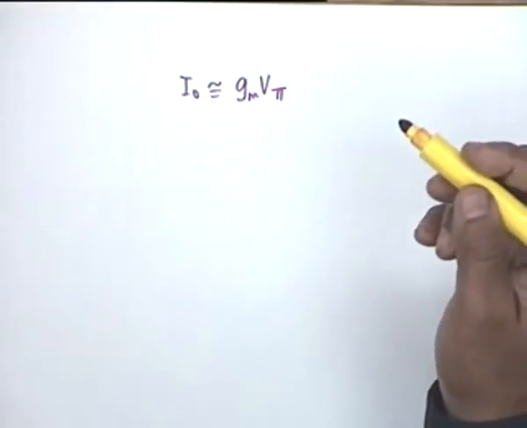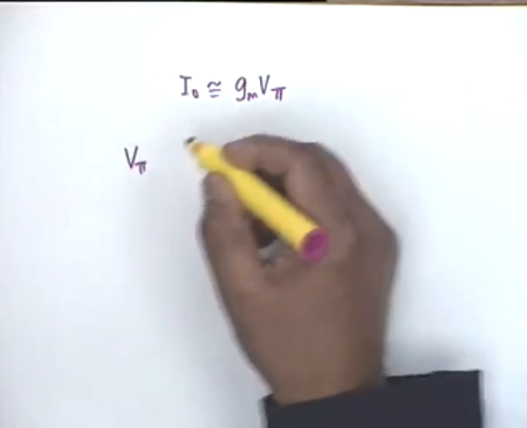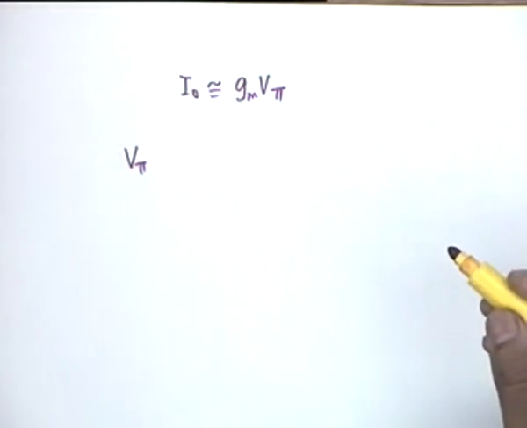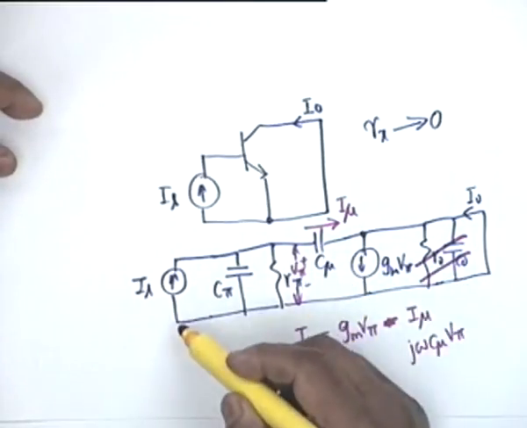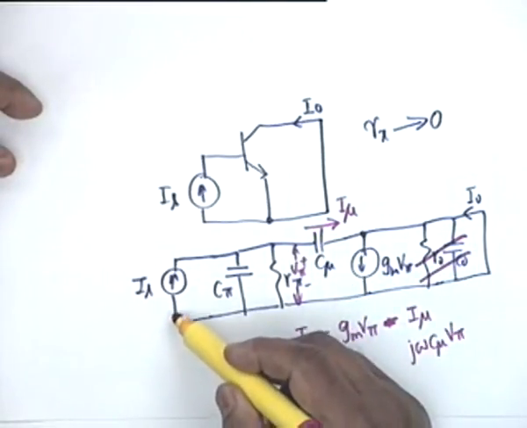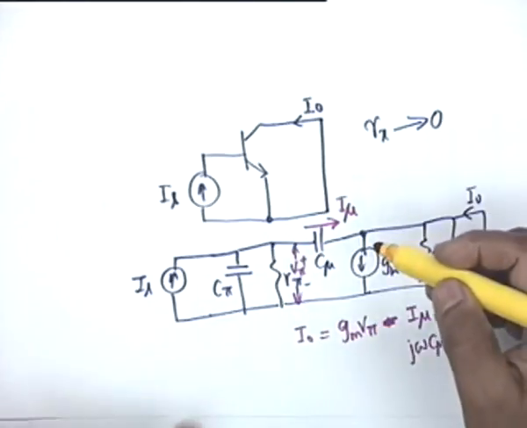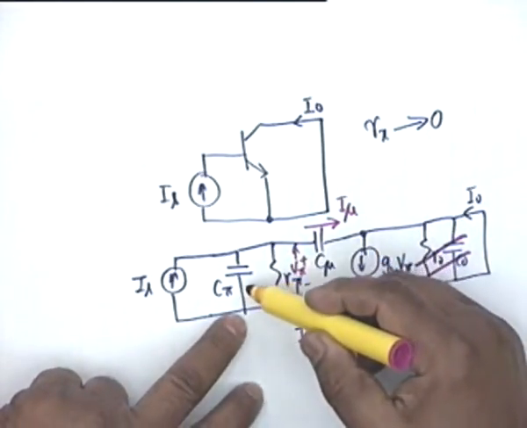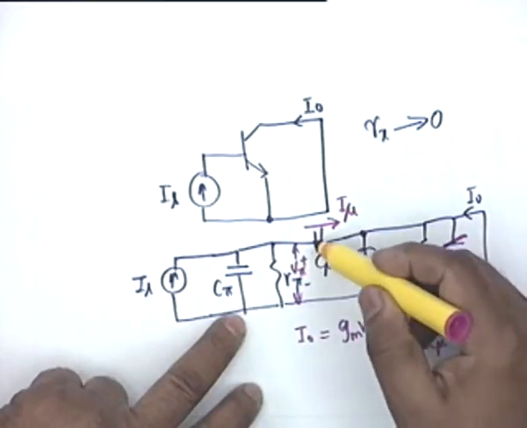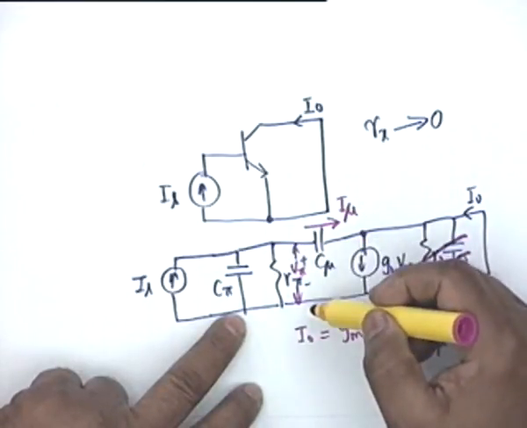And as far as V pi is concerned, in order to calculate the current gain I0 by Is, Is flows through a parallel combination of R pi, C pi and C mu, because C mu also comes in parallel with this.